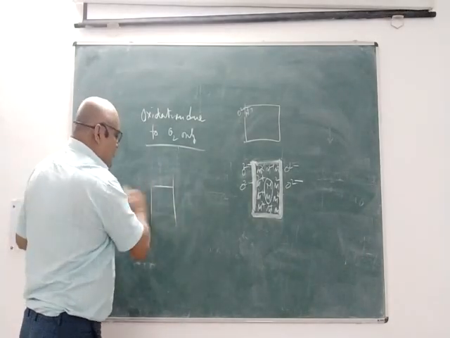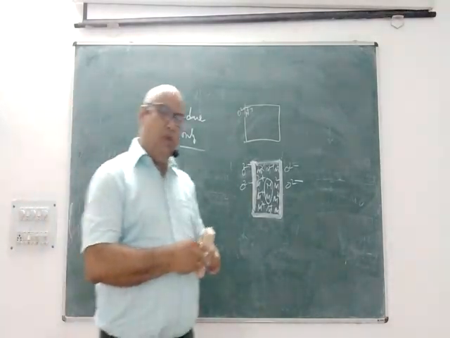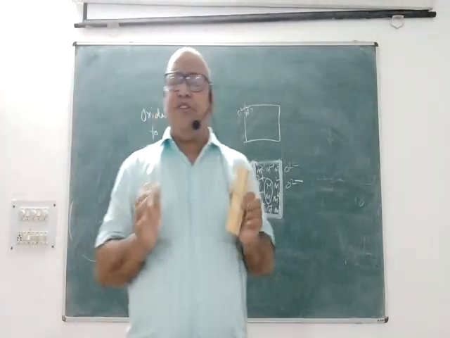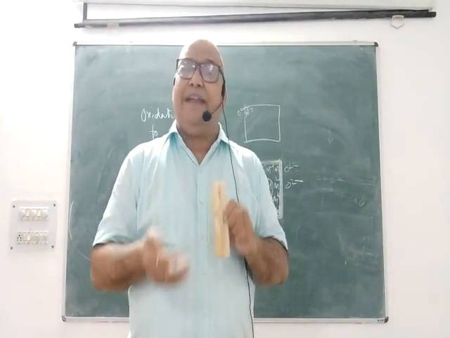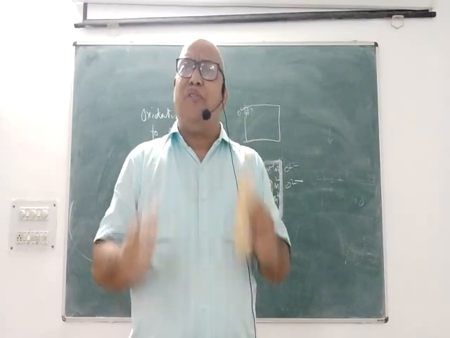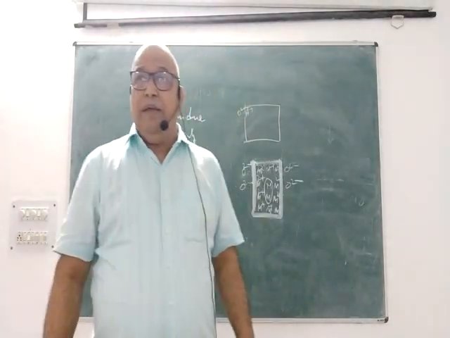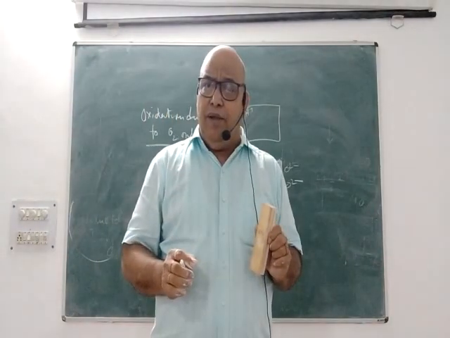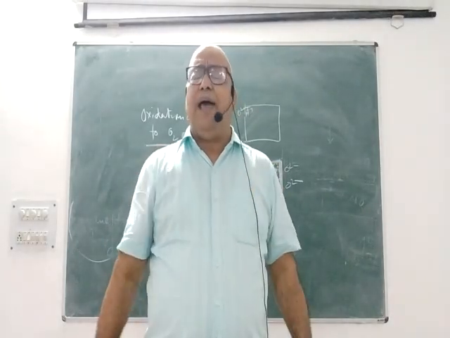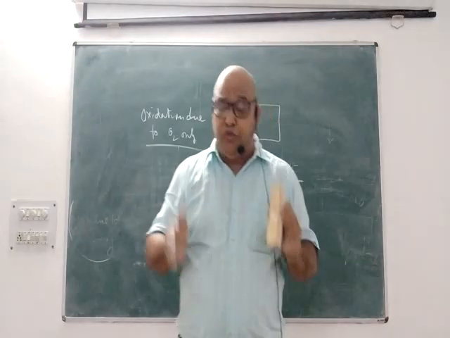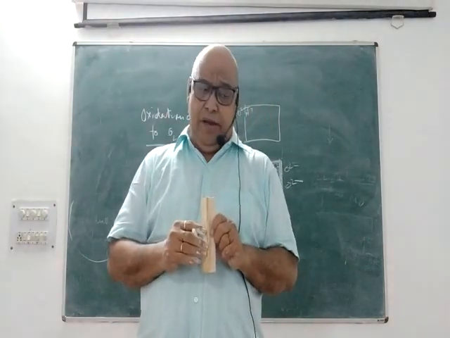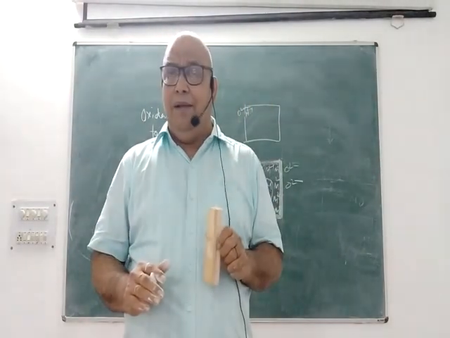And number two, which is very, very important, we know that oxidation is a process in which electron is lost and at the same time some sort of energy will be produced. So due to every oxidation, some amount of energy will be produced, but the amount of energy produced due to single oxidation may be negligible.